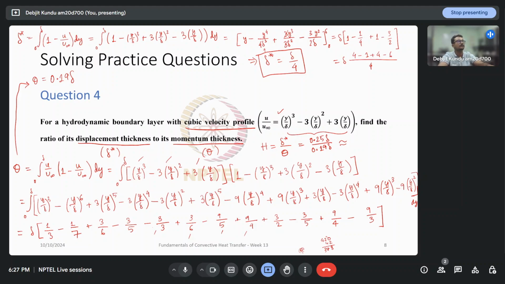Let's assume 0.2. So this will be close to 5 by 4 or 1.25. That's the shape factor which we are looking for. Okay, so let's move along.